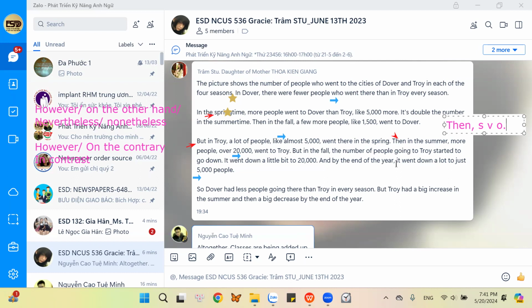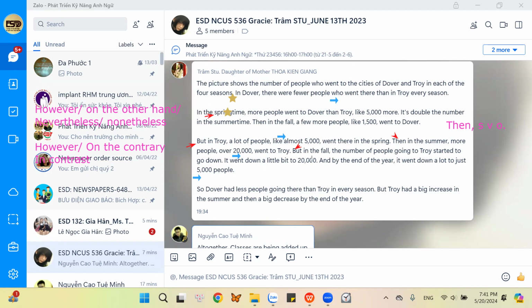Then a comma. In the summer, more people, over 20,000, went to Troy. Very good. Do you know how to use a comma to separate extra information? In this case, this is a very good grammar usage. But, all right, never ever use but like this. Vietnamese teachers have never taught you good and real English. They always use but at the beginning of the sentence.